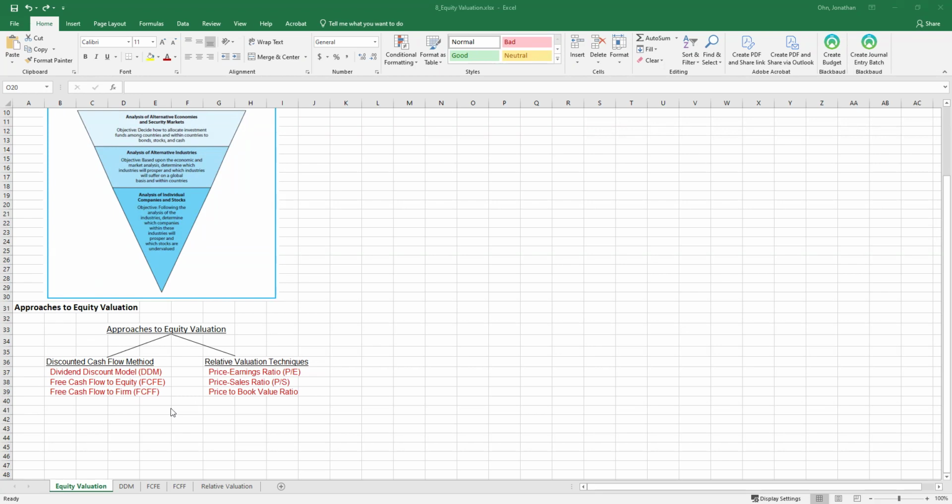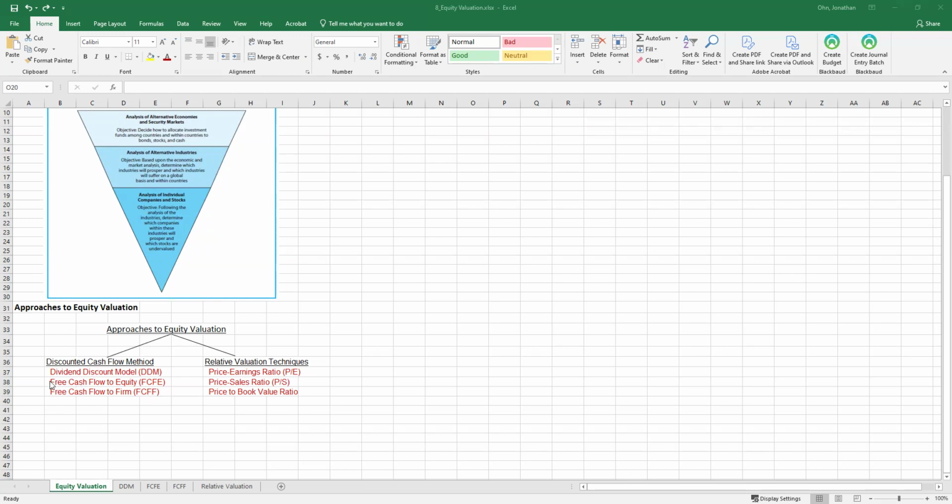So, discounted cash flow analysis. Depending on the cash flow type, we will cover three different approaches. One is where the cash flow is the dividend. The second is free cash flow to equity, and the third is free cash flow to the firm.